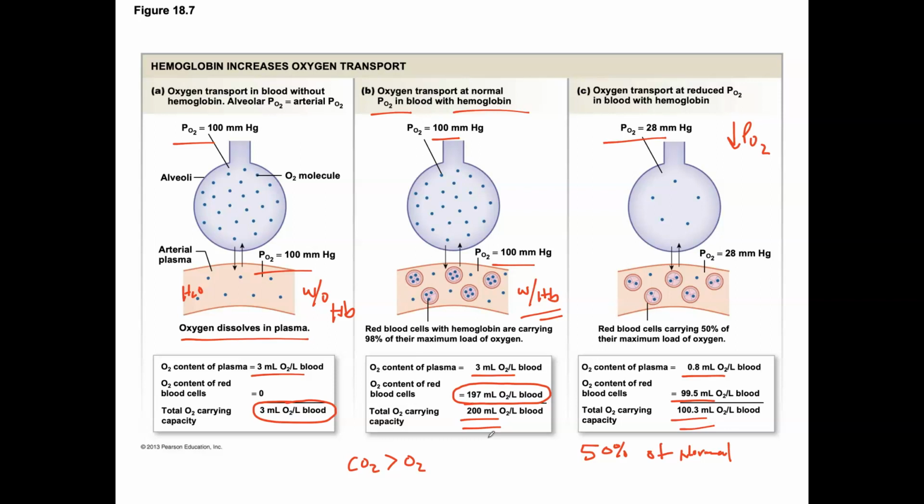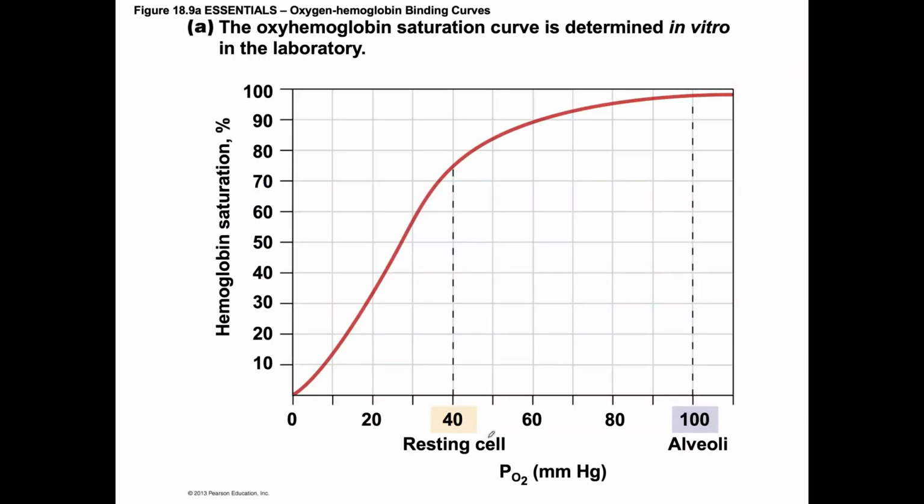using hemoglobin. So this is the oxyhemoglobin dissociation curve. I want you guys to take a look at the oxyhemoglobin dissociation curve and understand the significance of this curve. What this shows us is the percent saturation of hemoglobin at different partial pressures of oxygen. So here we have partial pressure of oxygen, and then we have percent saturation of hemoglobin.